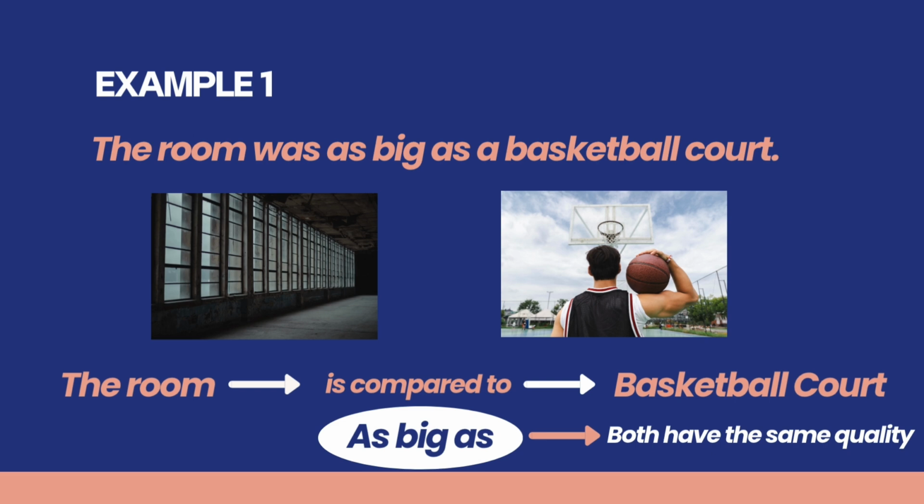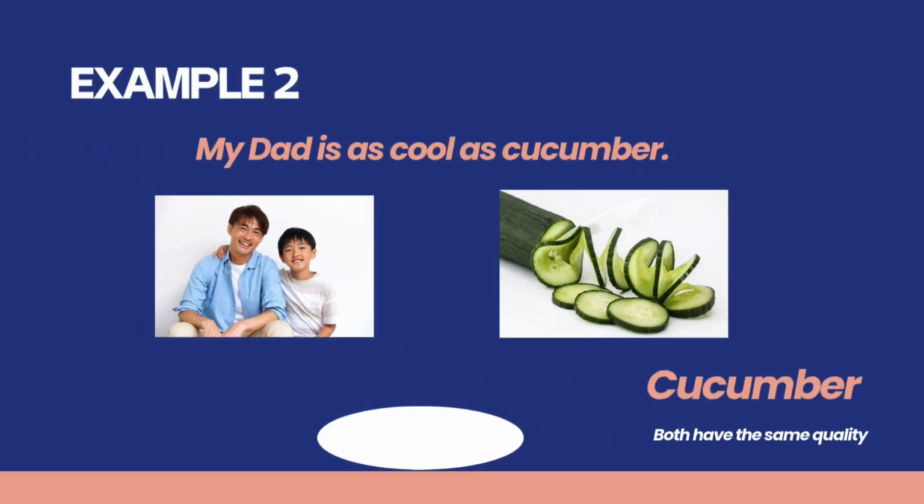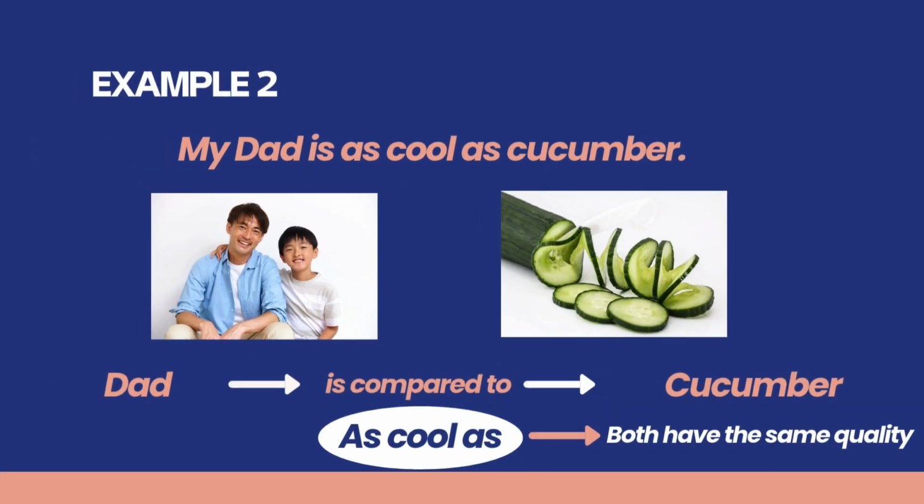Now let's look into the second example. My dad is as cool as a cucumber. Now here again we are comparing two different things, my dad and a cucumber. Of course they are not the same thing, but both have one similar quality, they stay cool.